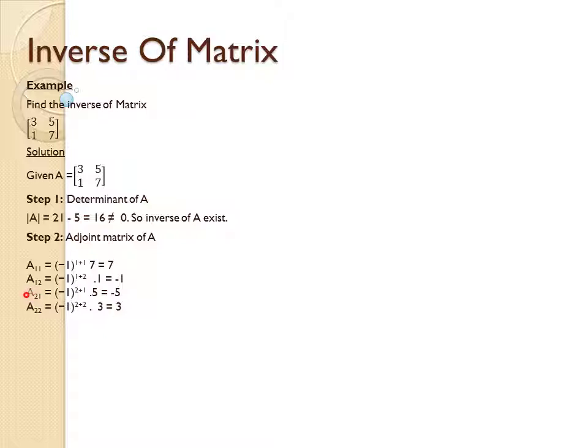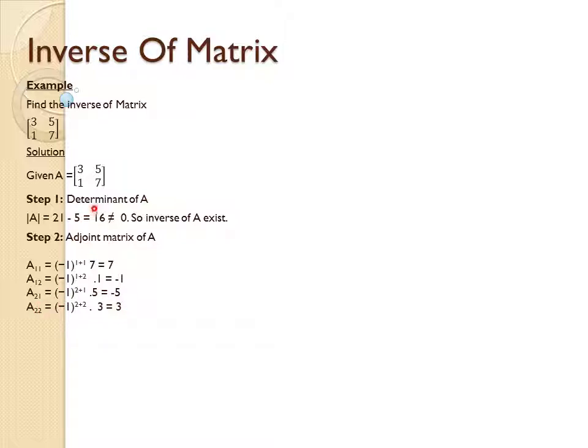Next one, A21. A21 means this one. So i is 2, j equal to 1, so minus 1 whole to the power 2 plus 1, that is one thing. And 21 means this one, so I will omit this column and this row, so my residual is 5. So minus 1 whole to the power 3 into 5, that means minus 5.